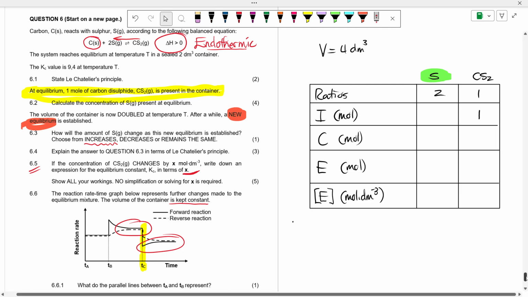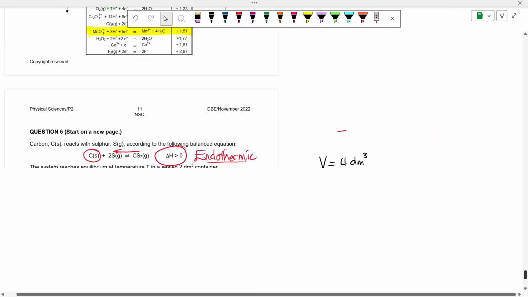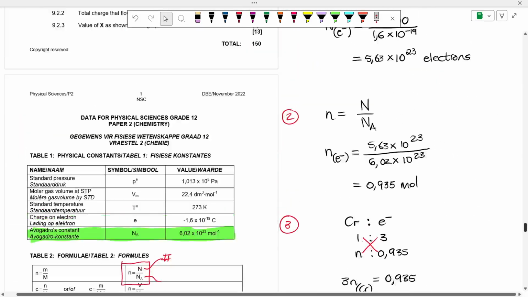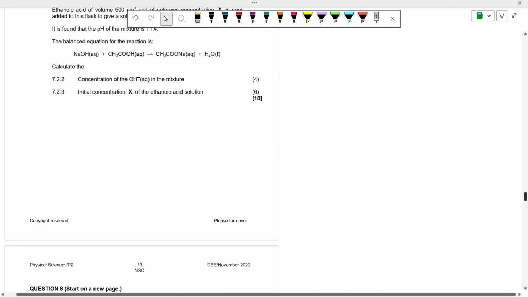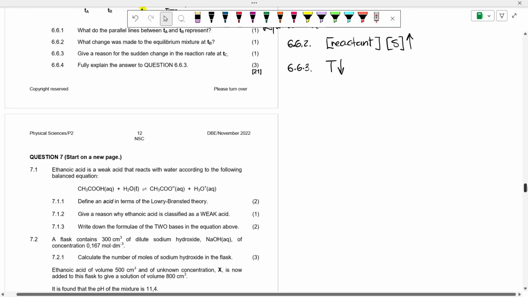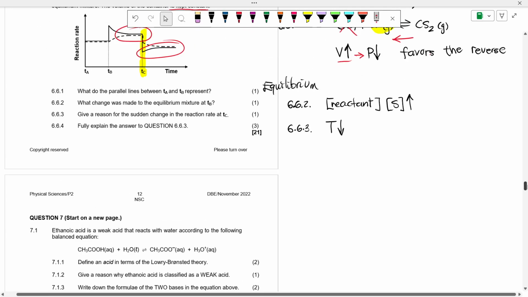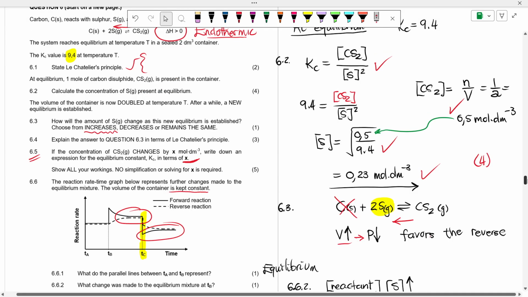Okay, let me go back to, wait. Oh, I did that question a little bit up there. When we found the Kc, we found the concentration of what again? It was the concentration of sulfur.